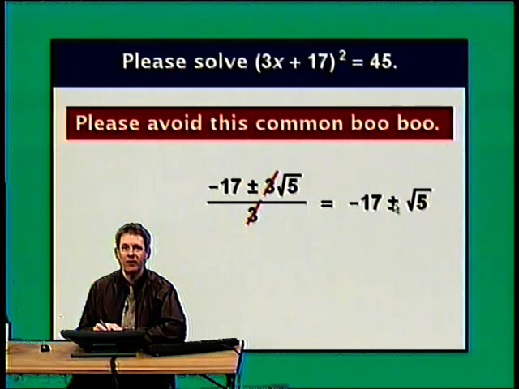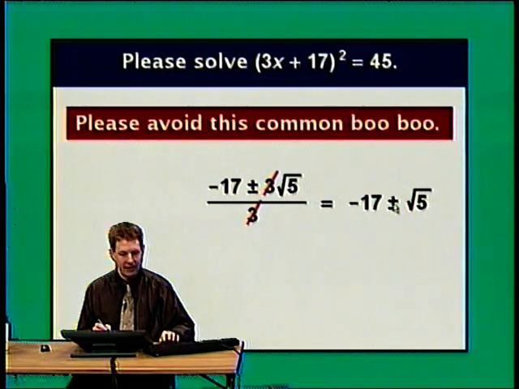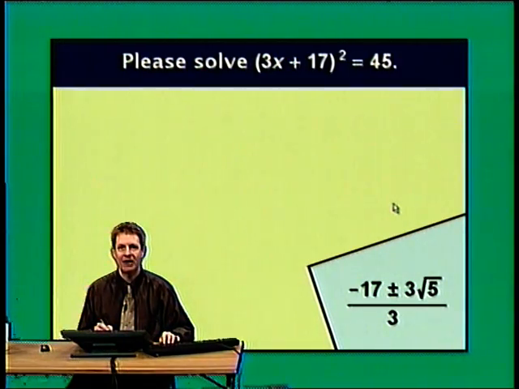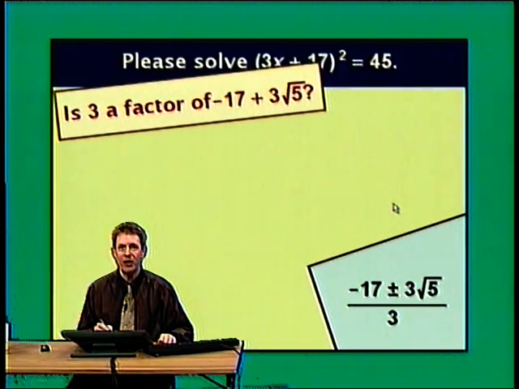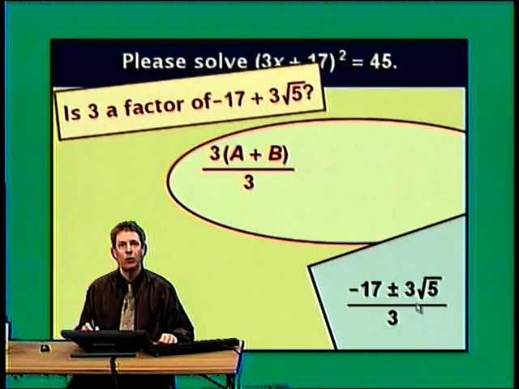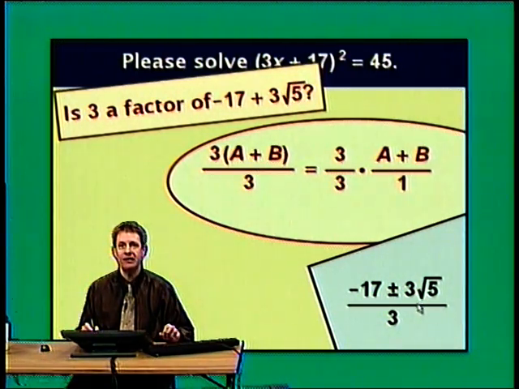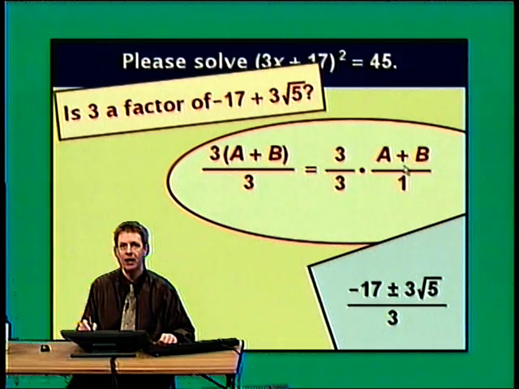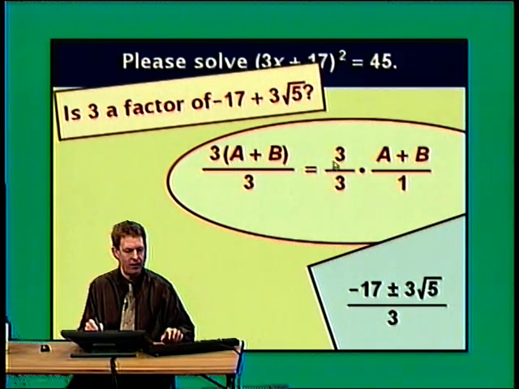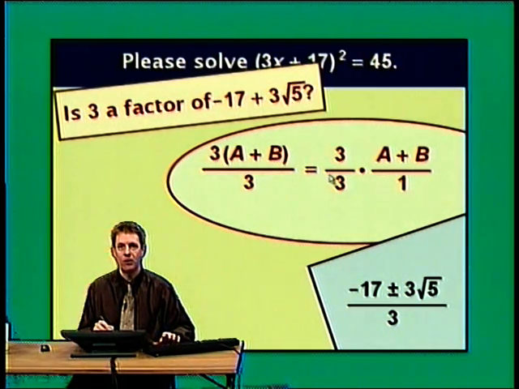When you're wondering whether or not you can simplify fractions that look like this, the real question you have to ask yourself is: is 3 a factor of the numerator, negative 17 plus 3 square roots of 5? The reason you need to ask yourself that question is because if you can factor 3 from the numerator, then, because this expression equals 3 over 3 times a plus b over 1, 3 over 3 does divide to 1, and we are just left with a plus b.